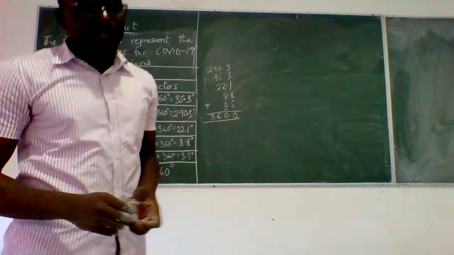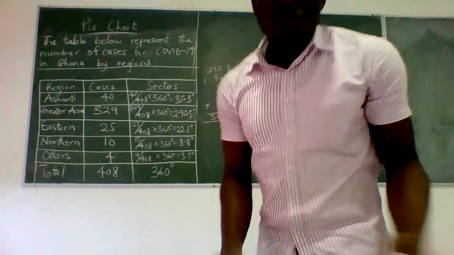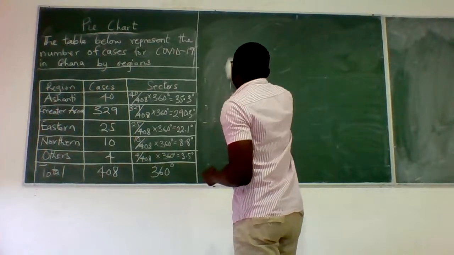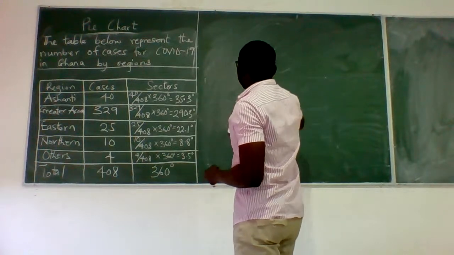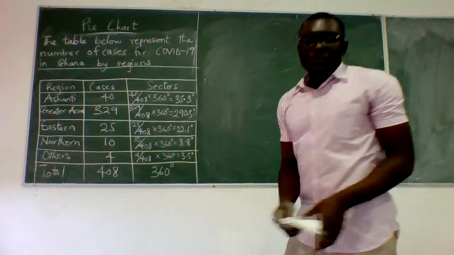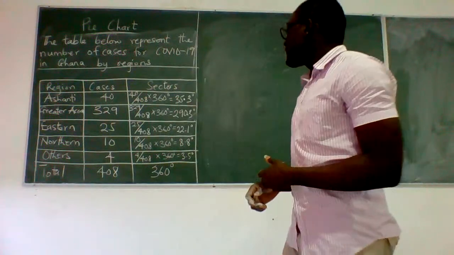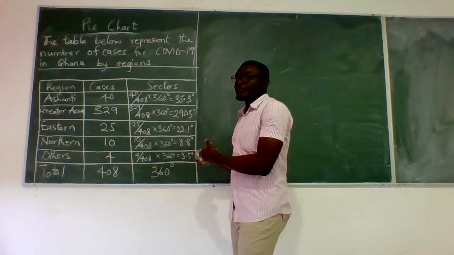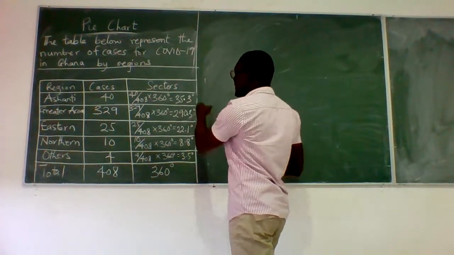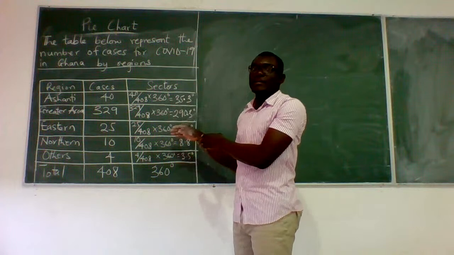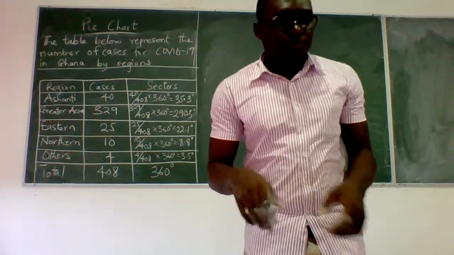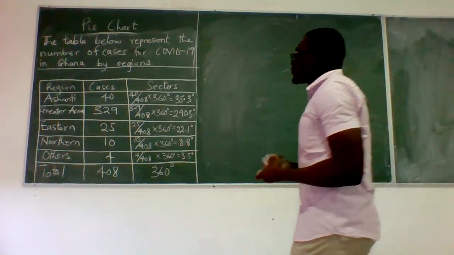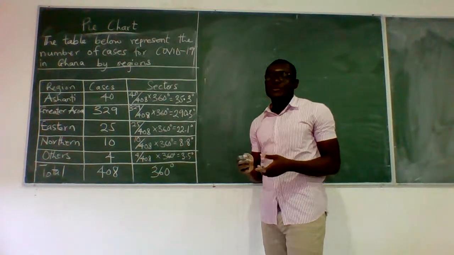Then we go back to drawing this in a circle form. Because your protractor does not have these decimals written on it, you can just round these numbers to the nearest whole number. So that is what we are going to do. Like I said, the first thing you are supposed to do is to draw a circle of any radius at all.